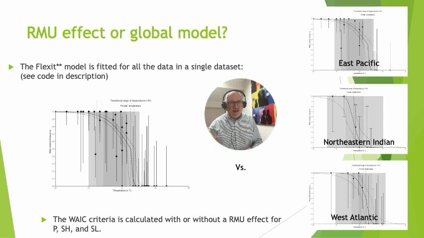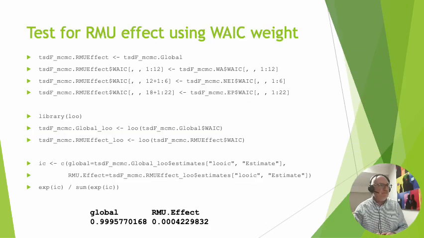At the right, I fit the data with three different sets of parameters, so I have an RMU effect. Then using WAIC, I will be able to compare whether the global model is sufficient or whether I need a specific model for each RMU. Let's do it. It is not very easy.